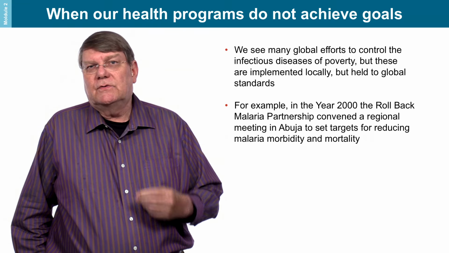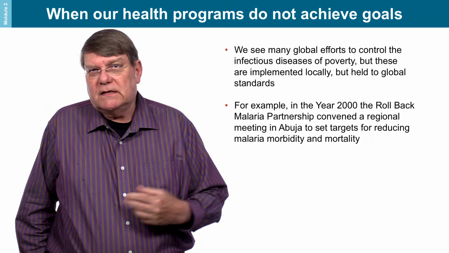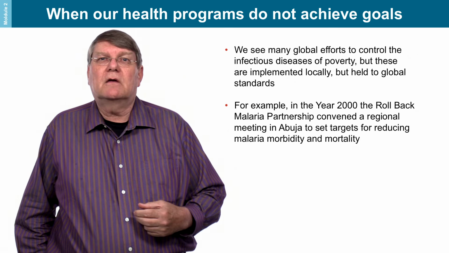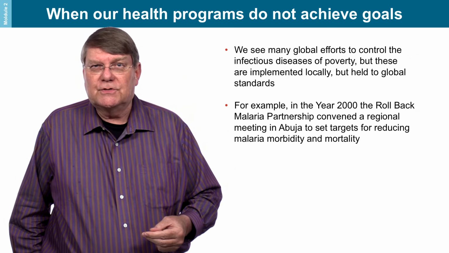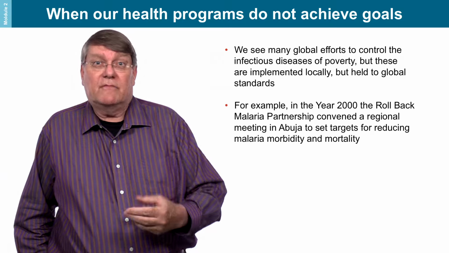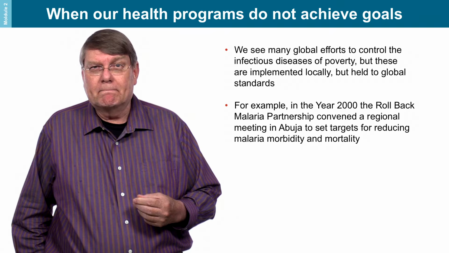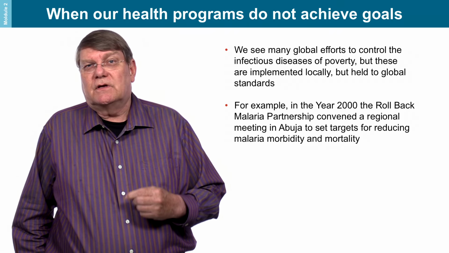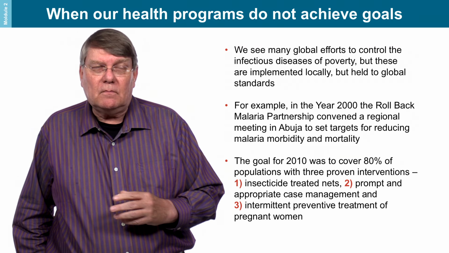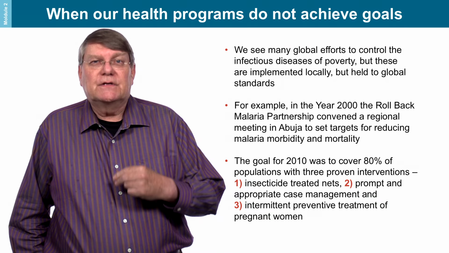And then around 2009, the United Nations generally started talking about universal health coverage, meaning that everybody should be protected by bed nets and everybody should get appropriate malaria treatment. Well, let's just look at the question of the 80%, because that's our first challenge.